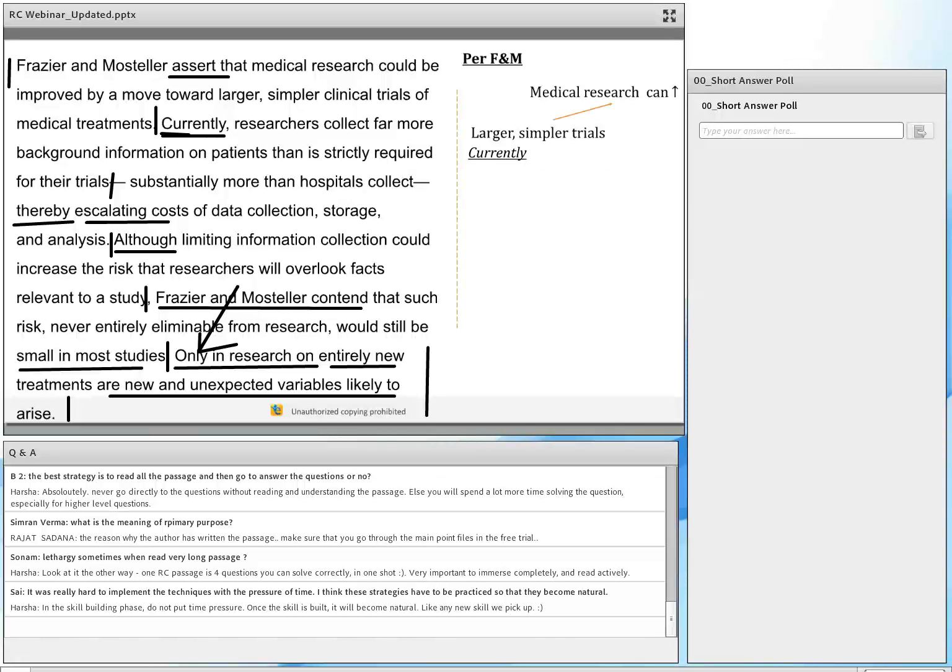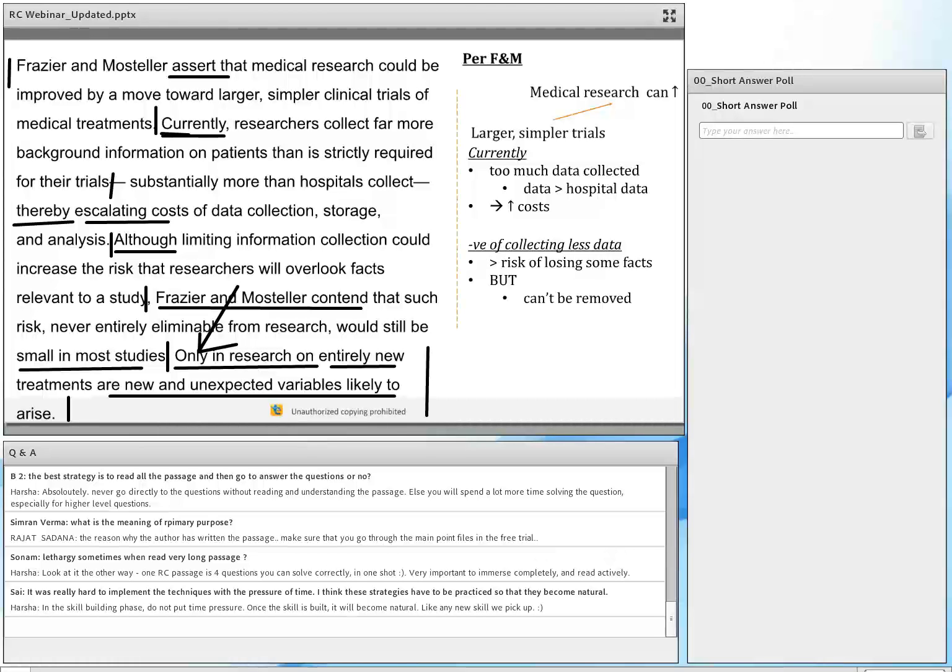All right. So currently there's too much data that is collected. Data is way more than what hospitals need, and that it leads to increase in cost. And there are certain negatives of collecting data. They said there is a possibility that if you collect less data, you might lose some pieces of information. But the author really says, hey, such risk can't be removed entirely anyway, and that risk is small, with the exception of the fact that if you look at research for entirely new treatments, new and unexpected variables are likely to arise.